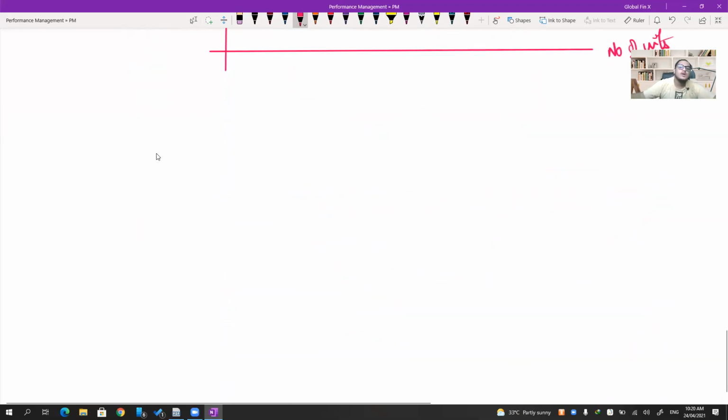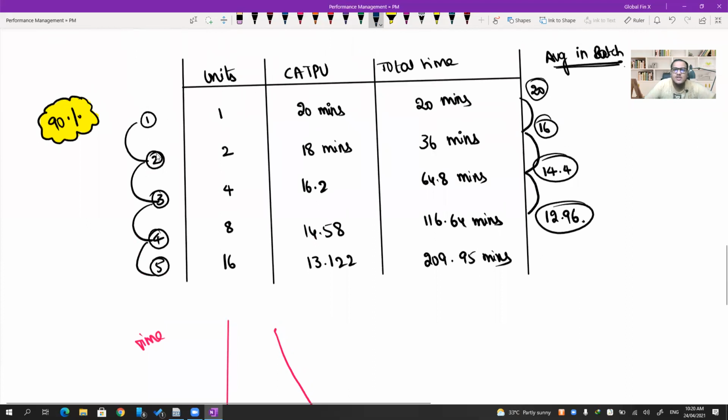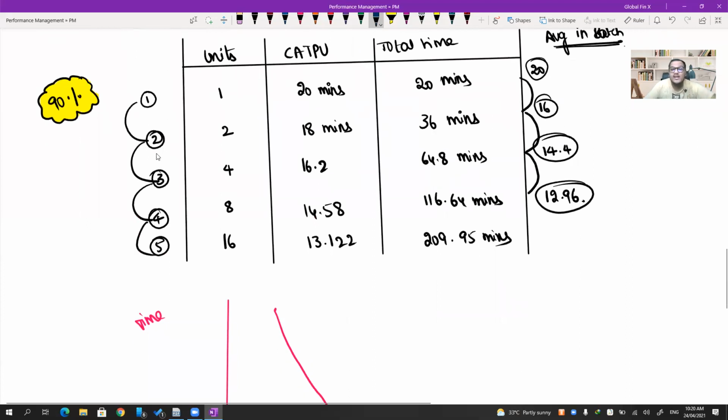Now, just a very quick logic for you to understand. Please pay high attention to this point, otherwise you will not understand it. In this particular example, if I ask you what is the time taken for the 15th unit, can you tell or not?